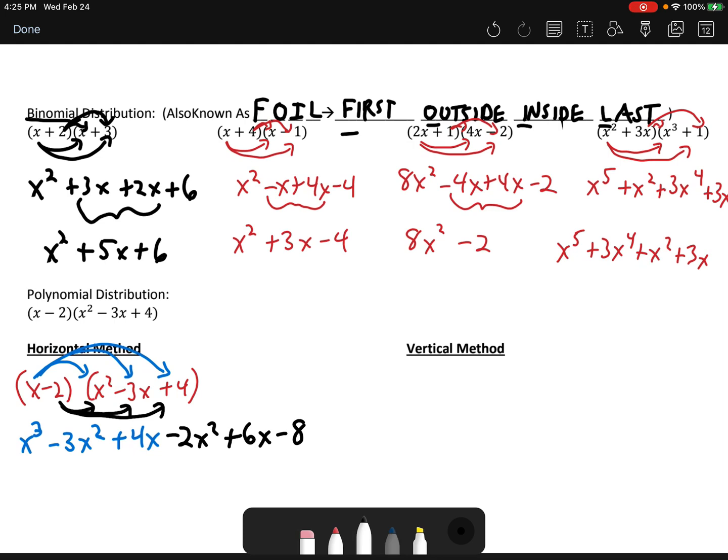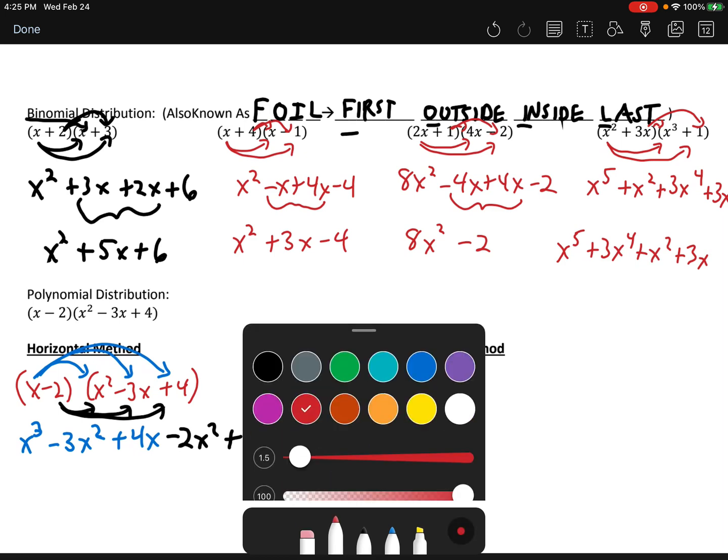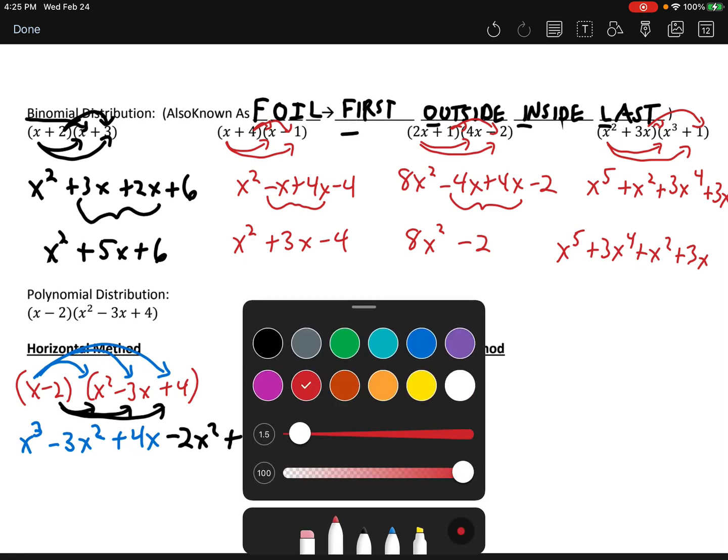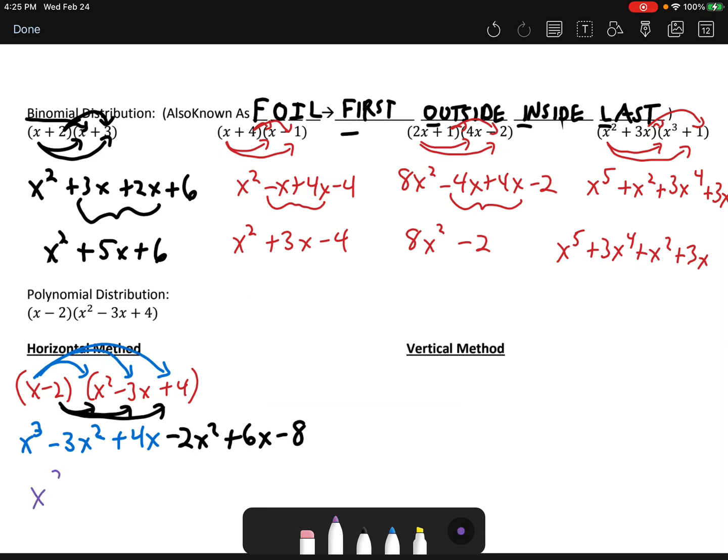So if we combine like terms here, then we would get x cubed, and then these two combine to negative 5x squared, and then those two are 10x minus 8. Now that's the horizontal method.